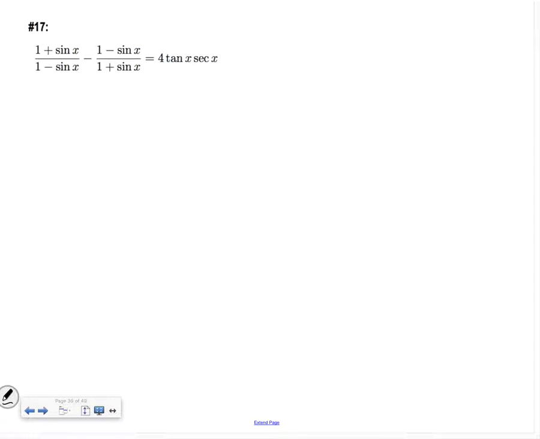Okay, almost done. All right, same idea here. So I'm going to multiply by 1 plus sine of x over 1 plus sine of x on the first one. And I'm going to multiply by 1 minus sine of x over 1 minus sine of x on the second one.